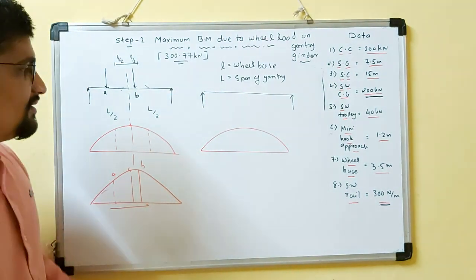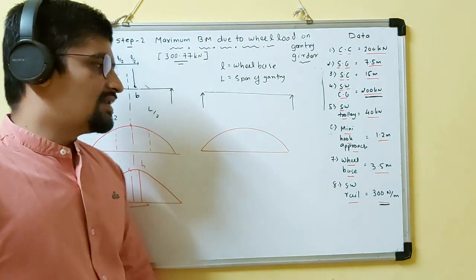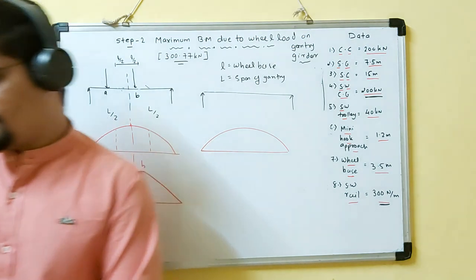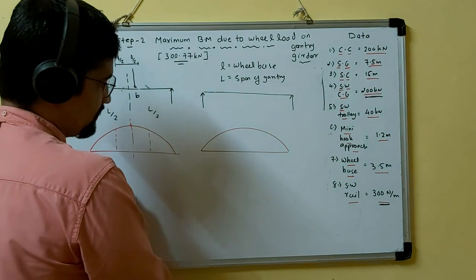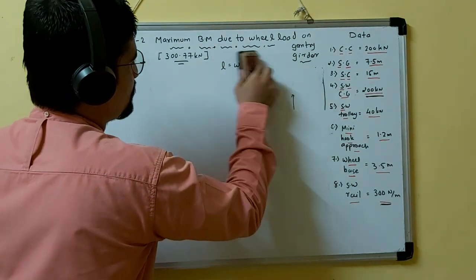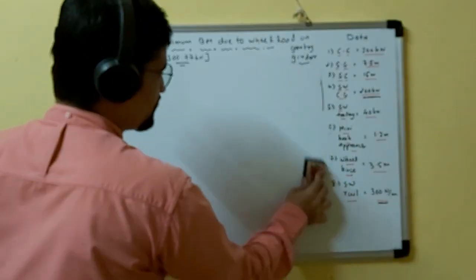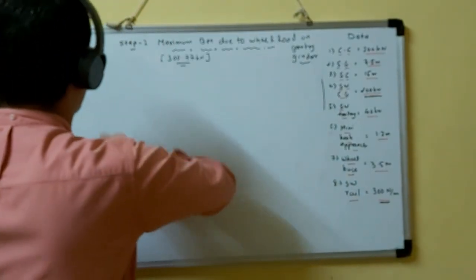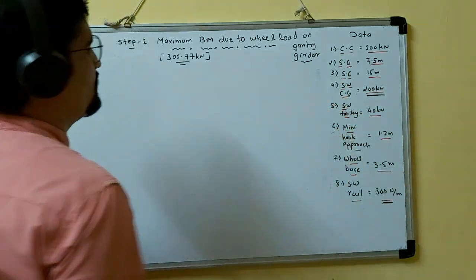So the IS code has given something that I will show you, how we will place it. Please focus on this theory. It is very important to understand, and when you understand it, then it will be much easier.